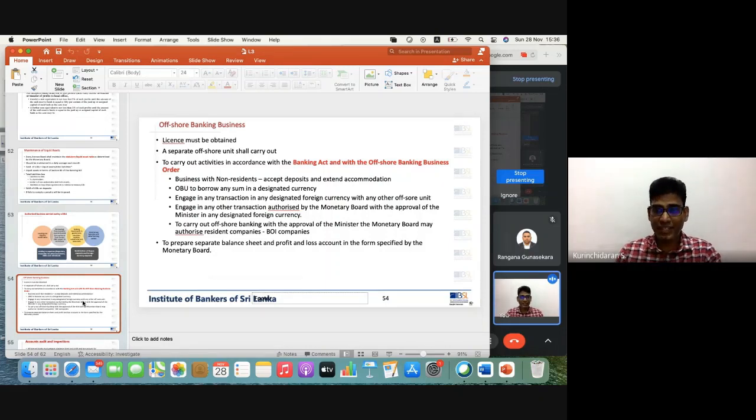You can engage in any designated foreign currencies. There are foreign currencies listed, so you can engage with those, and you can even get monetary board approval to engage with some other currencies as well. How to deal with BOI companies is all given. Now when it comes to the offshore banking unit, you are going to deal with offshore banking activities, so keep that in mind.